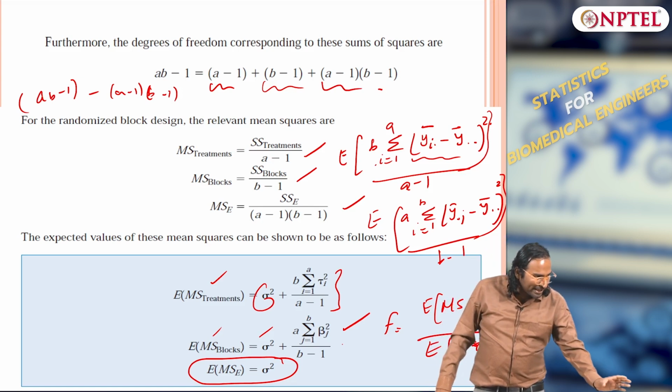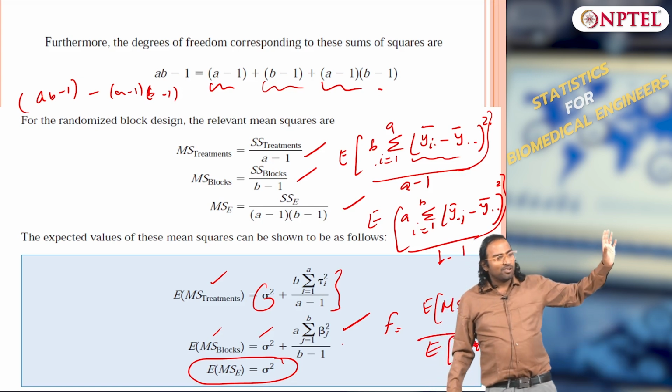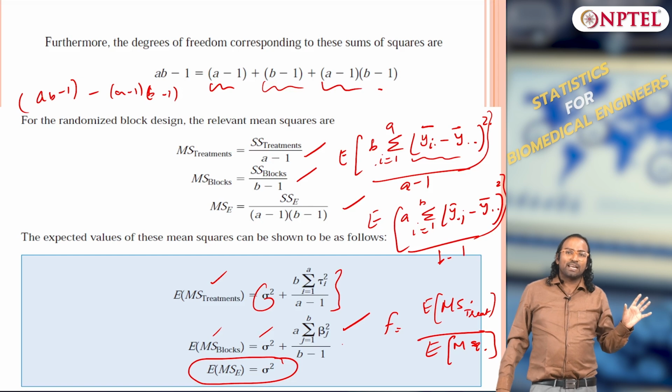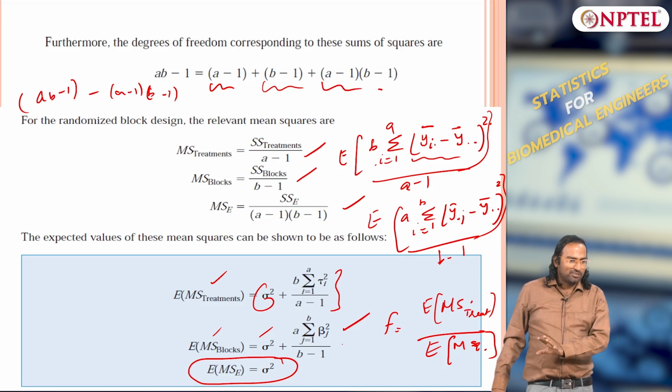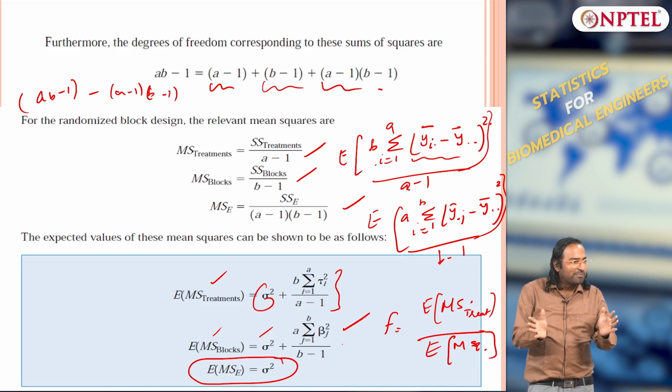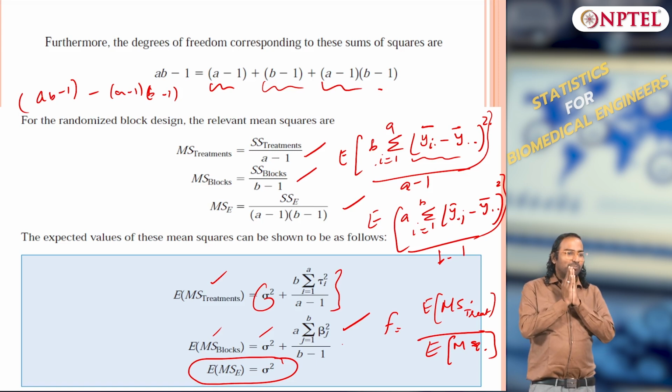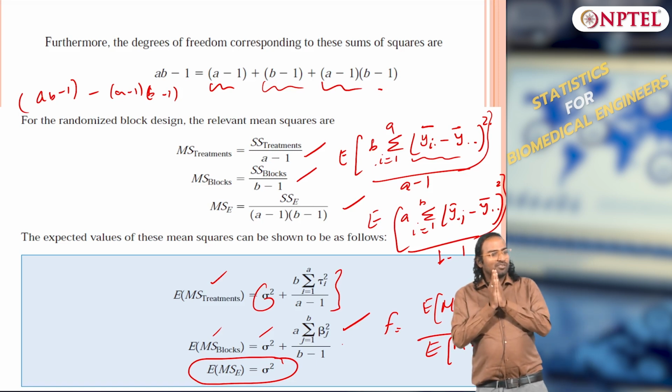Now I captured the block variance separately, so my total variance is a split of 3 things: treatment, block, and noise. If I do not distinguish block and noise, they would have been added together and the total sum squared error would have shot up. You see what I am saying?